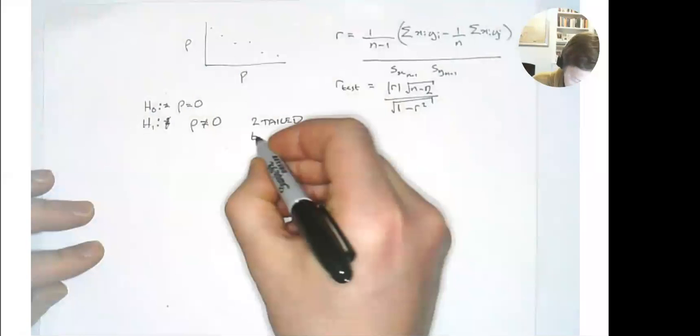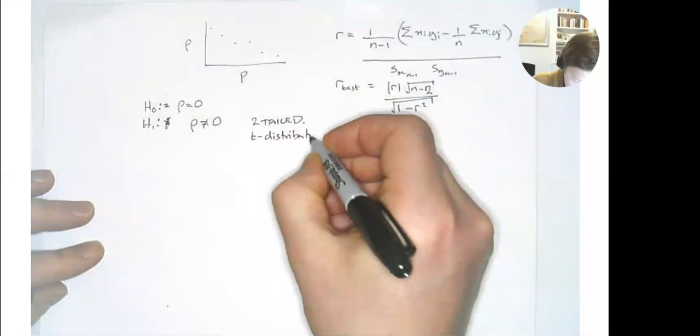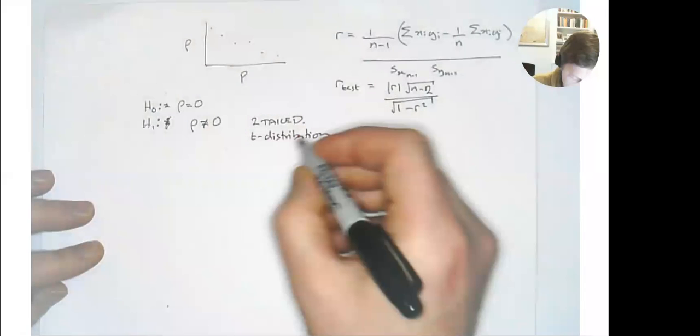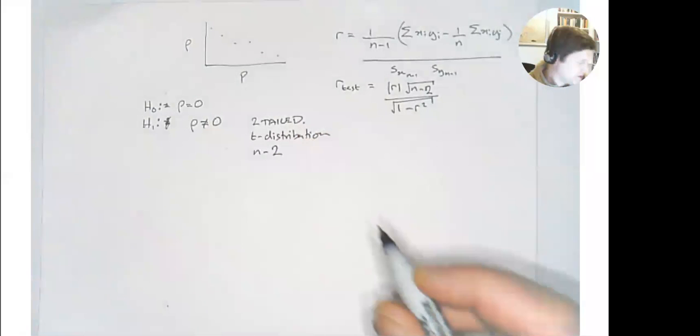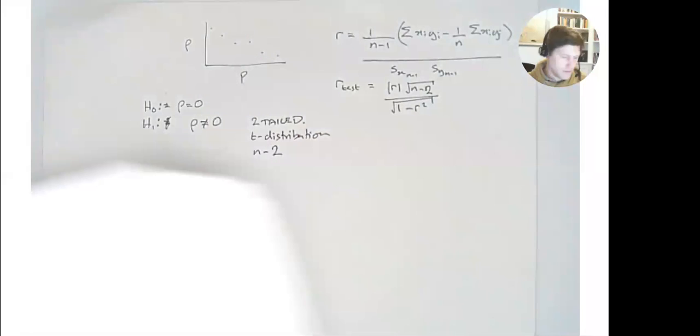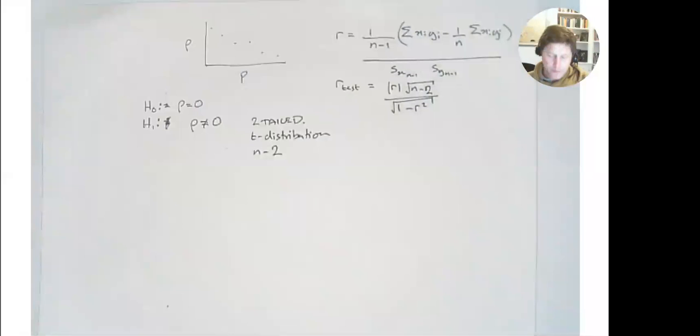It's a t-distribution, and the degrees of freedom is n minus 2. So we can find our value for the critical R from our tables.